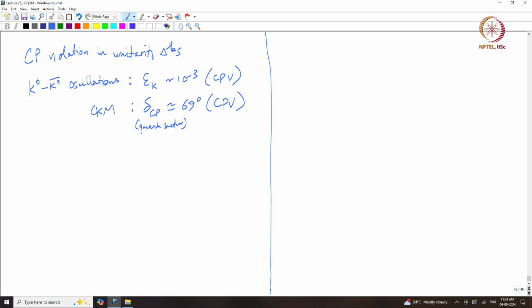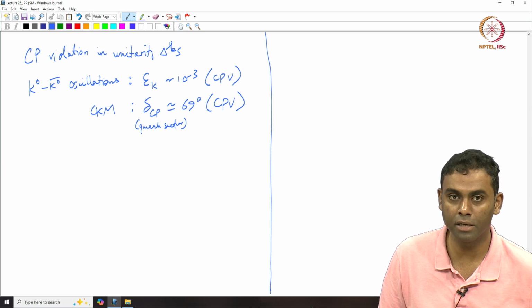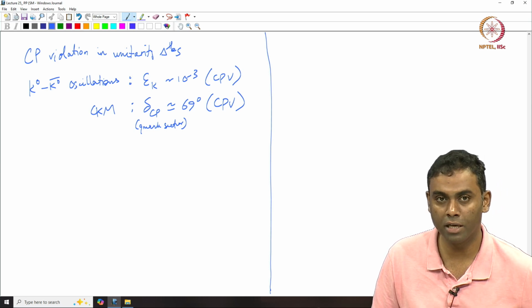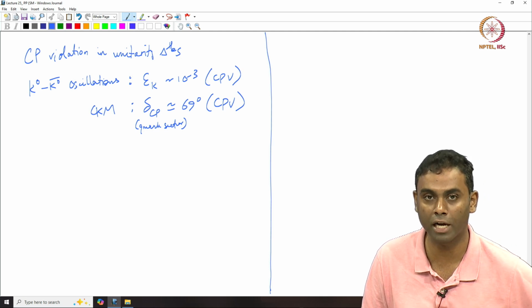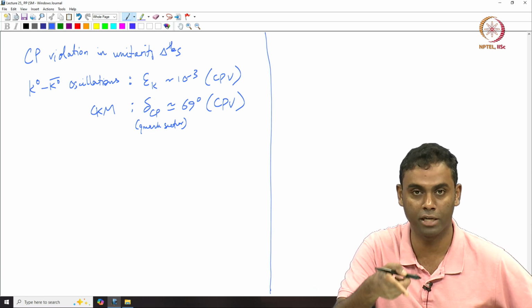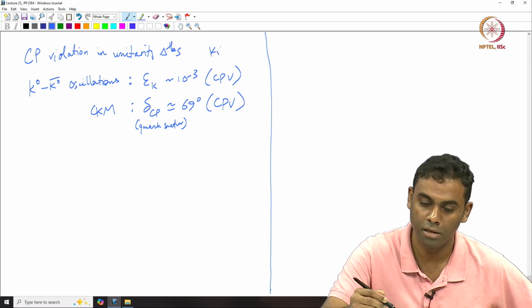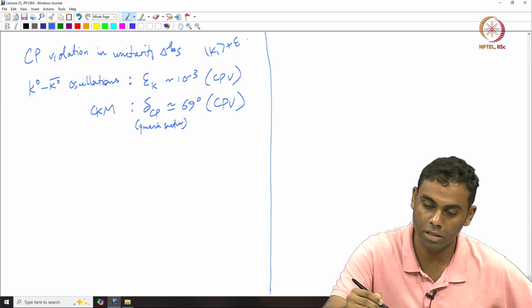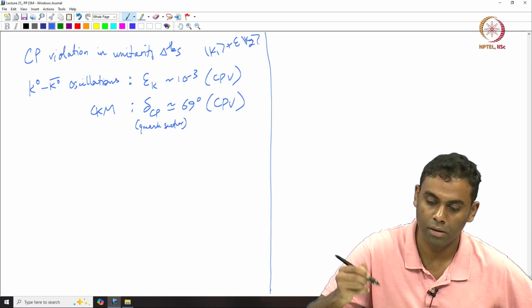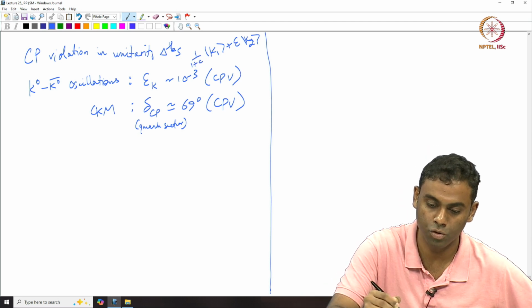See, these are all different parameterizations of CP violation, and this does not completely tell you how much CP violation there really actually is. 69 degrees does not really mean anything physically. 10 to the power minus 3 is like a fractional CP violation, it gives you some handle, but even that depended on the way I parameterized this epsilon K. Remember, we wrote two CP eigenstates, and then said this is how we write the K long and the K short, suitably normalized this way.